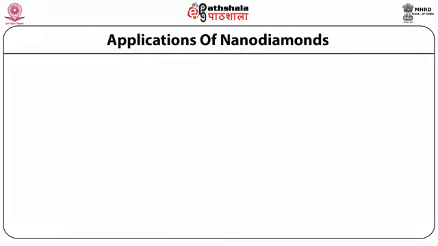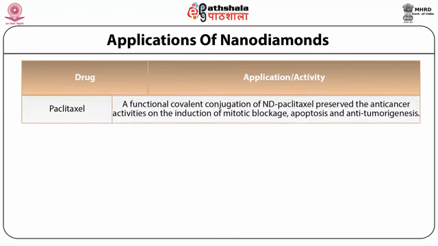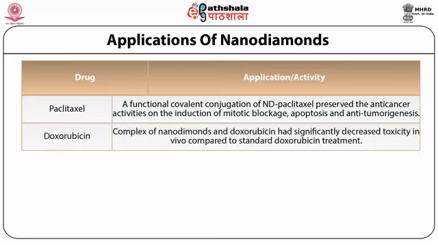Now there are some applications of nanodiamonds reported in literature. A functional covalent conjugation of nanodiamond-paclitaxel preserved the anti-cancer activities, including reduction of mitotic blockage, apoptosis, and anti-tumorigenesis. Similarly, the doxorubicin complex of nanodiamonds had significantly decreased toxicity in vivo compared to standard doxorubicin treatment.